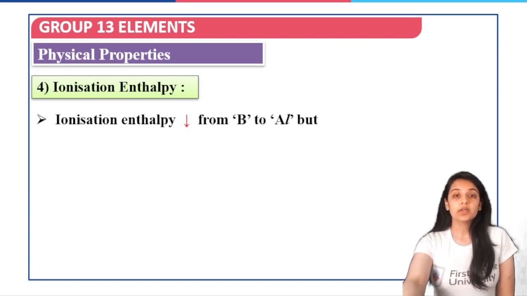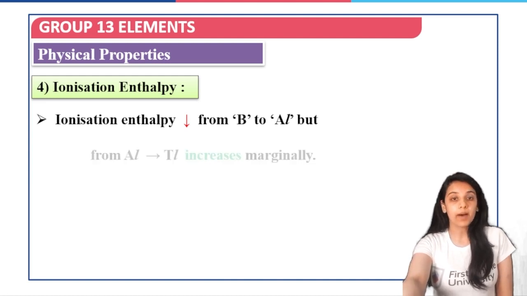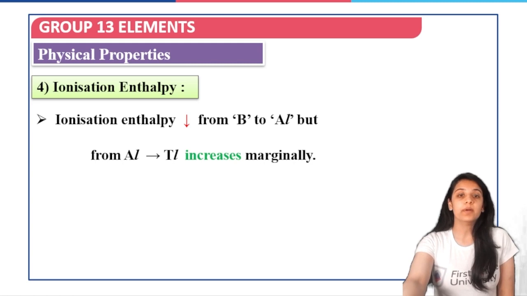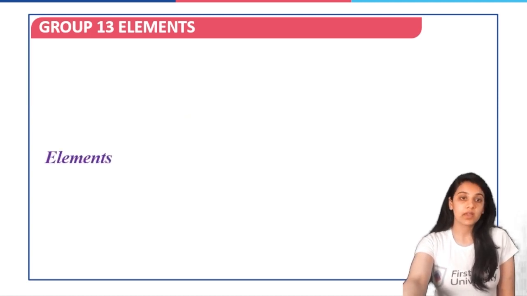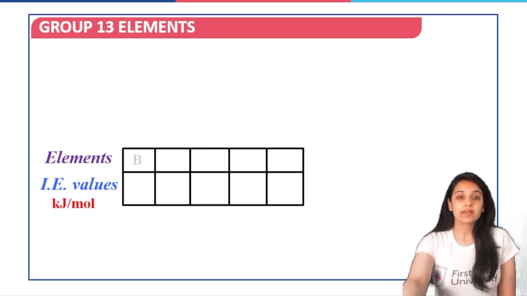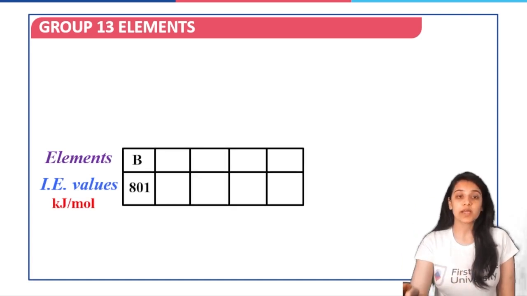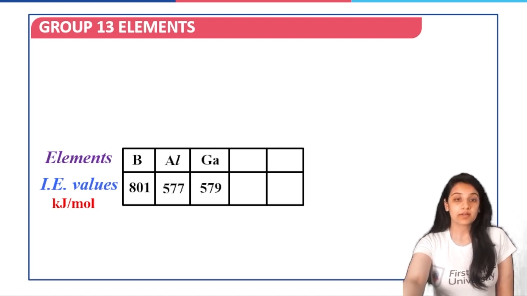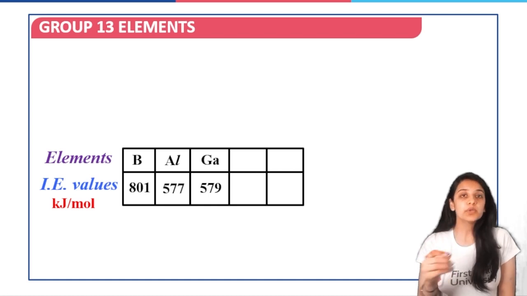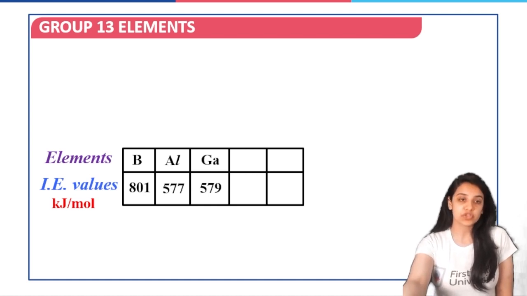So from boron to aluminium, the ionization enthalpy decreases, but from aluminium to thallium, it marginally increases. Okay, so if we look at the values, I'm not just talking in air, we have the values for ionization potential. So from boron to aluminium, it decreases, but from aluminium to gallium, you see there is an increase just by 2 units, but there is an increase.